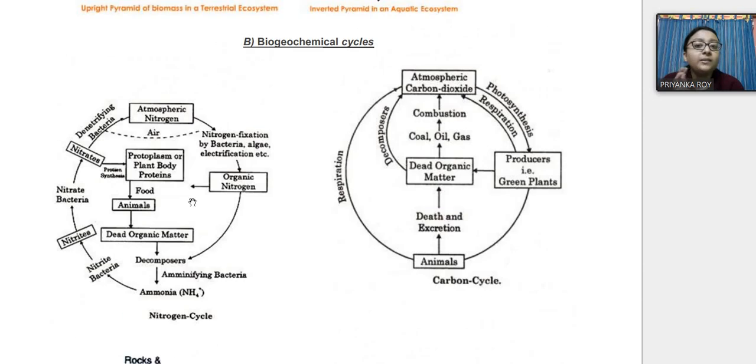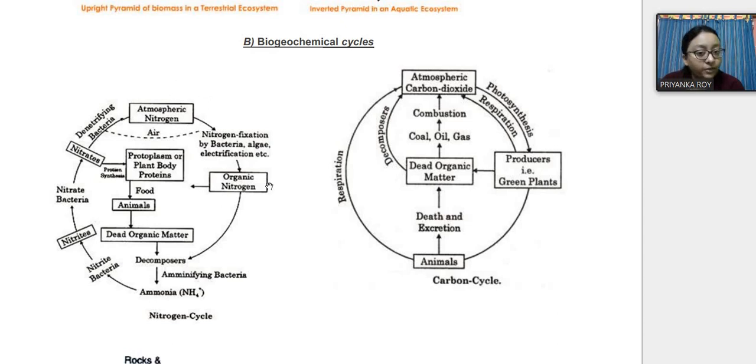So how oxygen, nitrogen, carbon and phosphorus are exchanged within the environment, how they come back, how they are utilized, how they are broken down, how they are assimilated into different components, these are known as biogeochemical cycles.